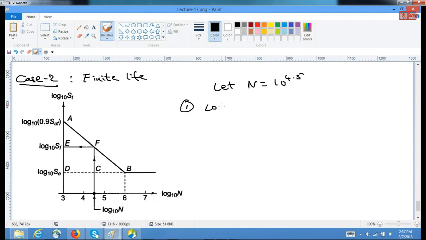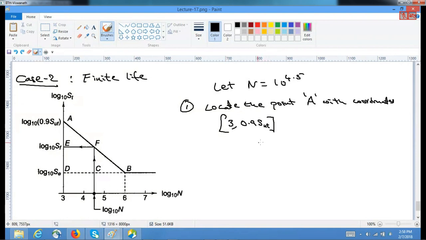Locate the point capital A with coordinates 3, and 0.9 SUT.